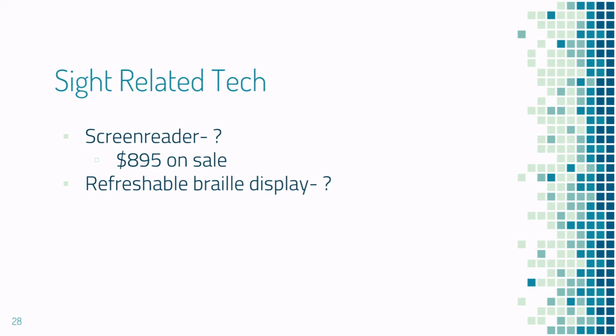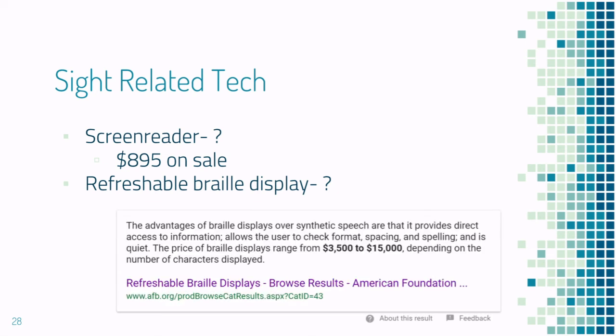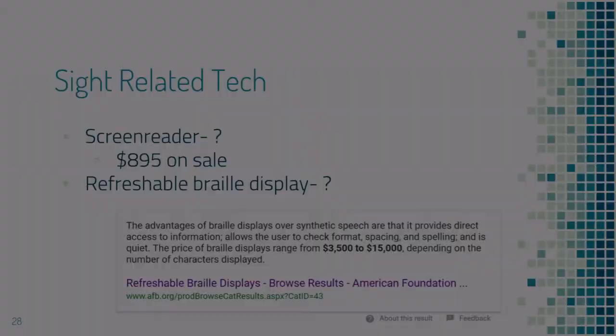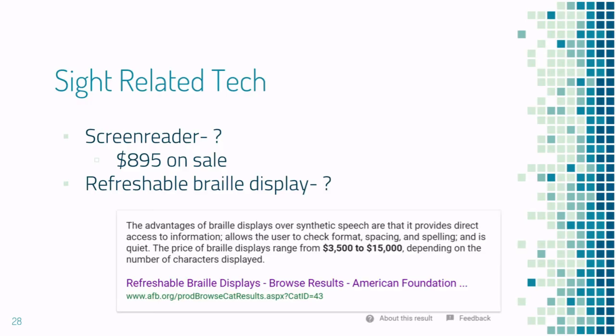When we're talking about refreshable braille displays, which are these really cool pieces of tech that basically have a cute little braille display that refreshes when you hit the button and allows you to read the content on the screen on your braille thing, those range from $3,500 to $15,000 depending on the number of characters you have. And that's according to the American Foundation for the Blind.